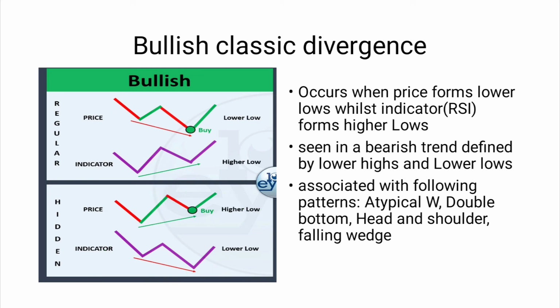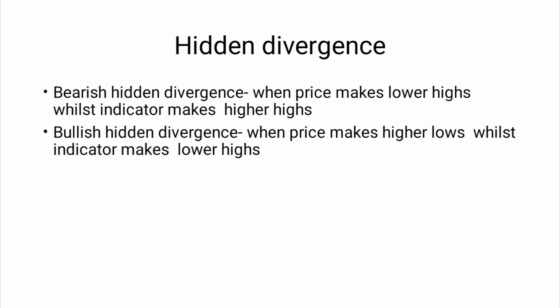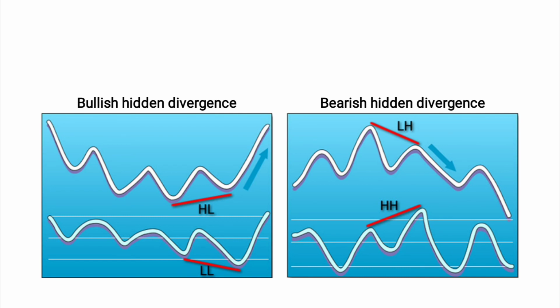And so this would signify that price will go up. It is when there is a disagreement, like I defined on divergence, and then a bullish hidden when price makes higher lows while the indicator makes lower highs. So this is an example.